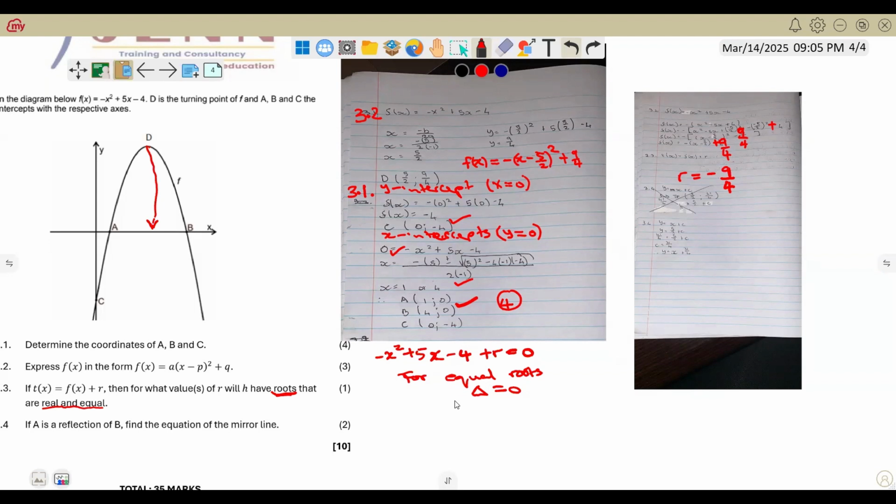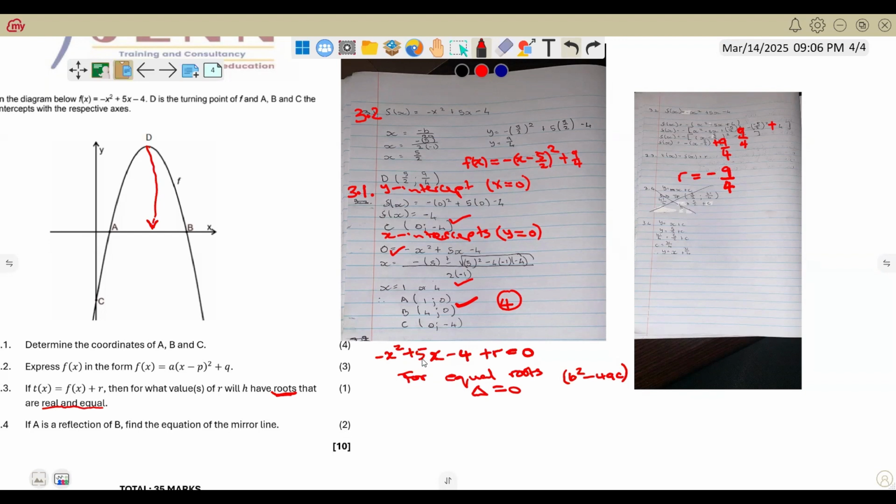Here and there, but I remember the nature of it. So for equal roots, our discriminant, which I write as delta, is b squared minus 4ac, that part from the quadratic formula which is under the root. Is that clear?